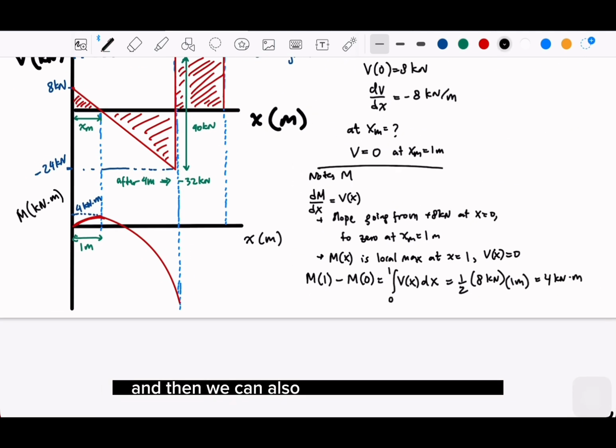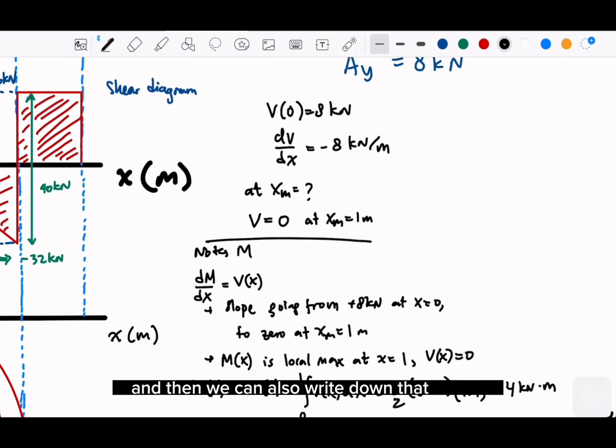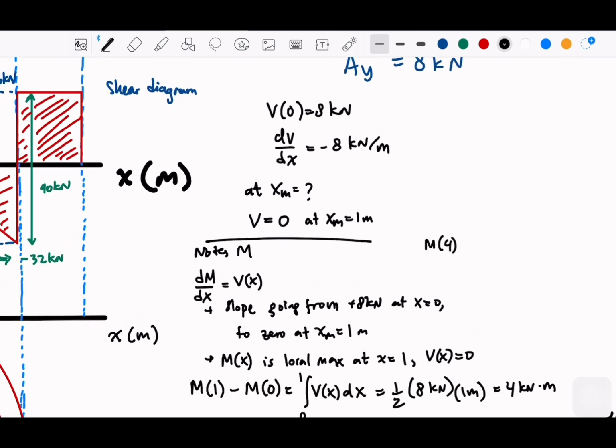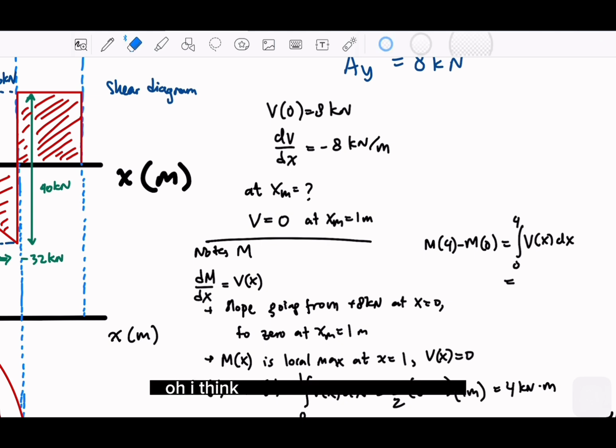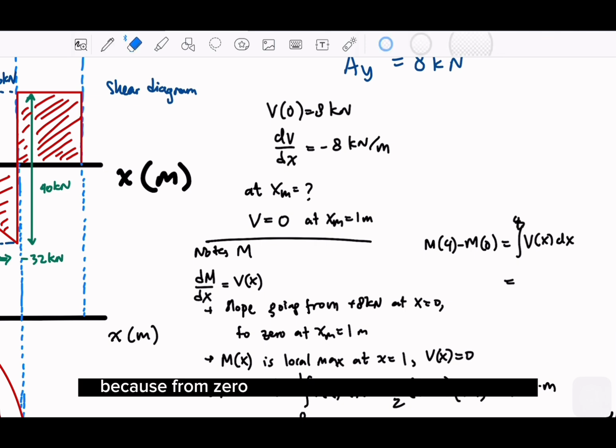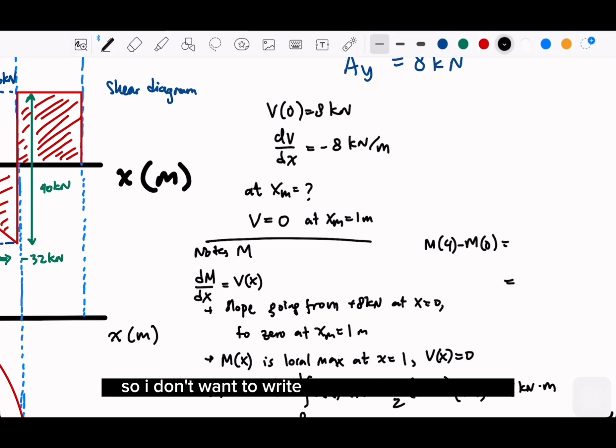And then we can also write down that M4 minus M0 is, typically, from 0 to 1 we already have 4, right? So I don't want to write that down again.